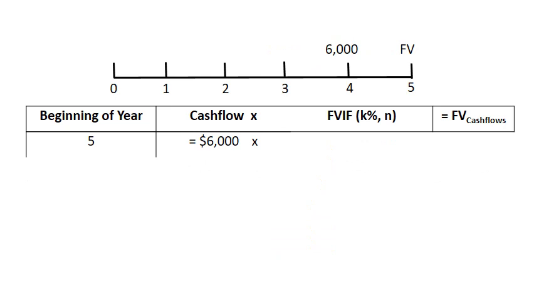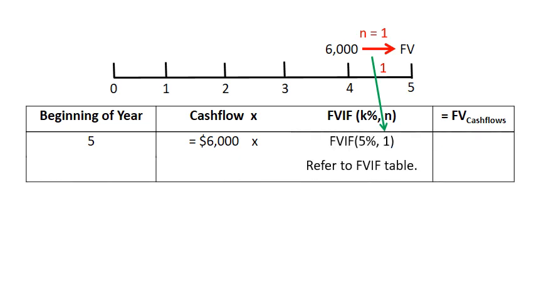Let's move on to the beginning of year 5, $6,000. So we'll find the future value of $6,000 at the end of year 5. Let's find n. It's 1, so n equals 1. Bring that down, so it's 5%, comma 1. Let's refer to the FVIF table.